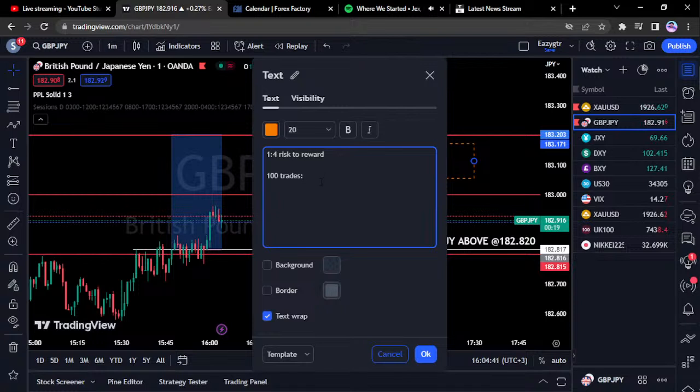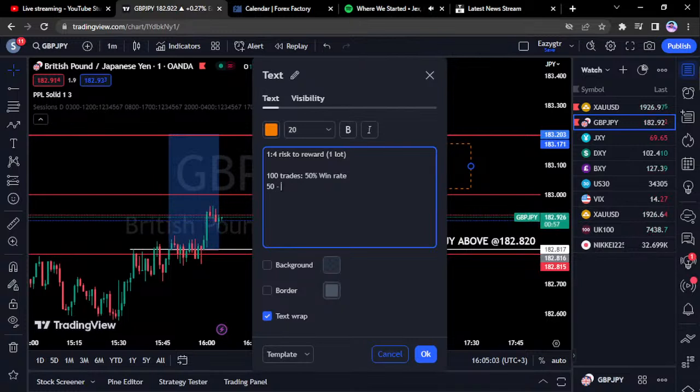Say you have a 50% win rate, and 50 trades win, and say you're using 1 lot for each and every trade. I didn't realize how difficult this calculation is going to be.